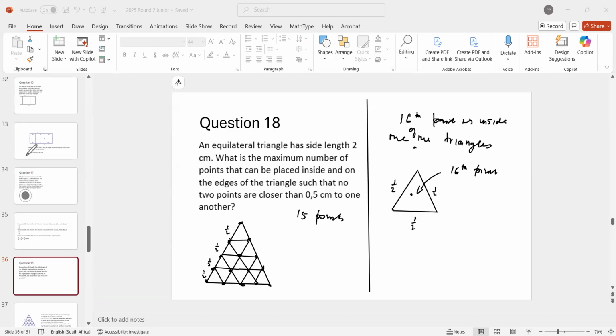Okay. And how do we do that? You see, if I join this to these 3 points, you can see all 3 of them are obtuse angles. But it need not be like that. It could have been one acute and 2 obtuse.